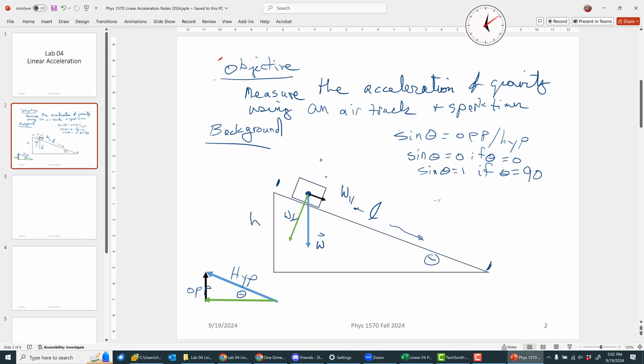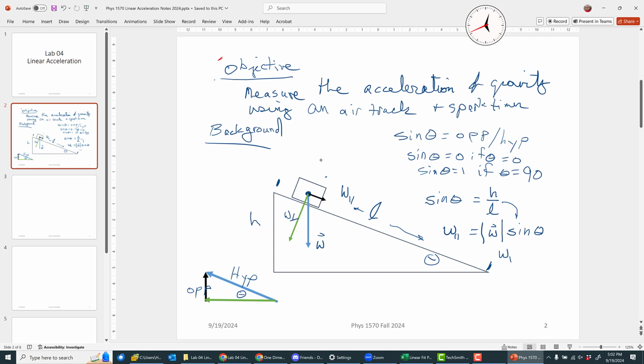So then that means that sine of theta equals opposite over hypotenuse, and the last little bit is that weight parallel equals the magnitude of the weight vector times sine of theta, but then we can just substitute this in.